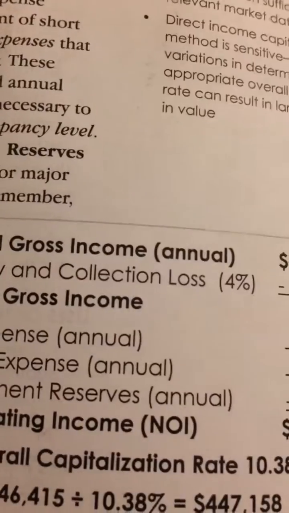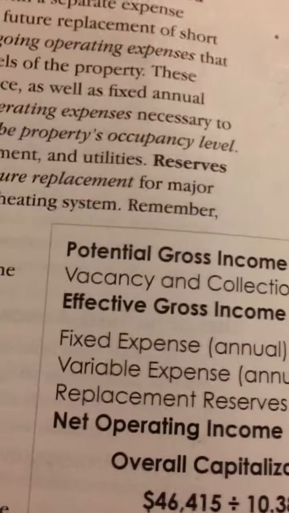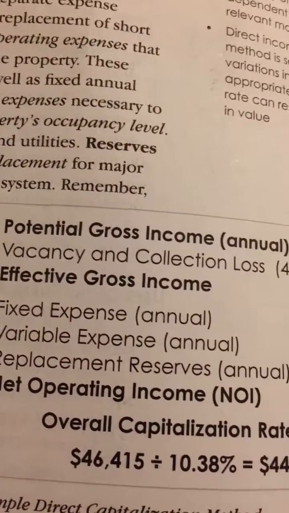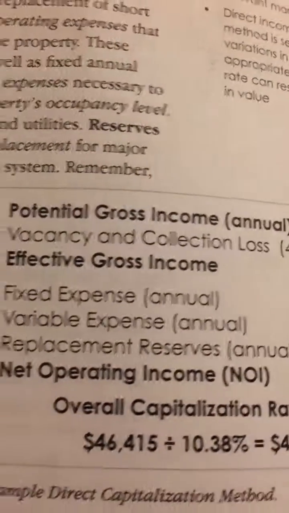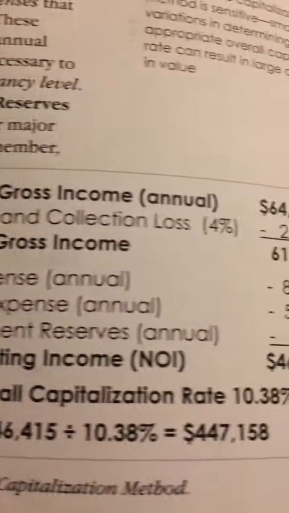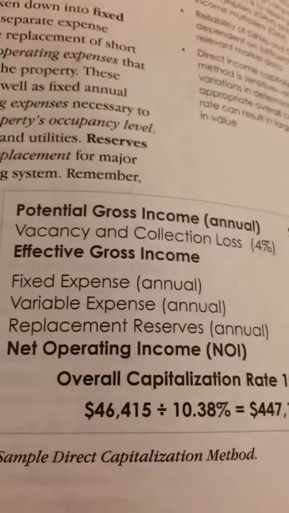Variable expense, annual: minus 5,720. Replacement reserves, annual: minus 875. Net operating income is 46,415.